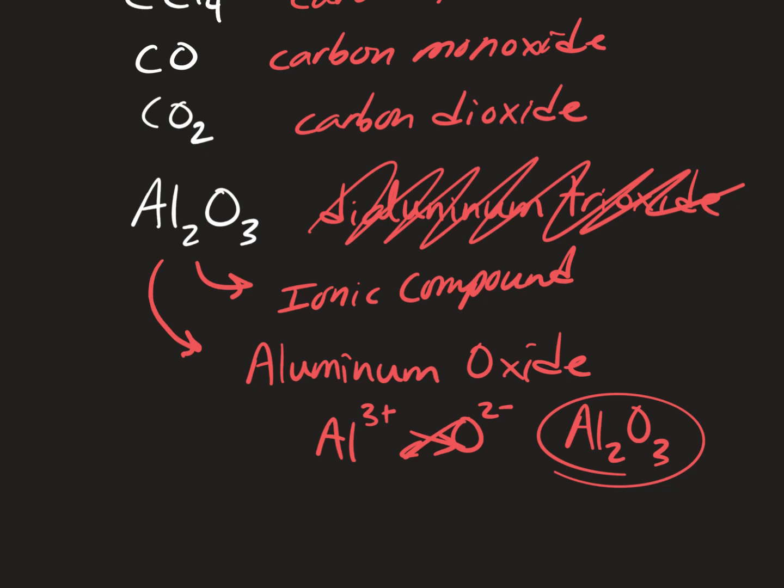So I don't need to specify a di or tri or penta or whatever. There is only one way, and that's it. This formula is aluminum oxide, and if I go to Pluto and try to mine aluminum oxide, this is what I would find on Pluto or across the universe. Anywhere if I was to find aluminum oxide, that's what I would find.